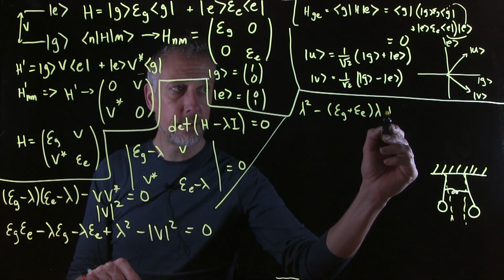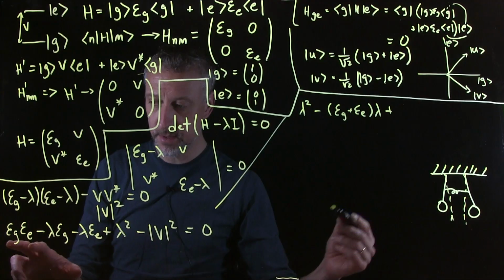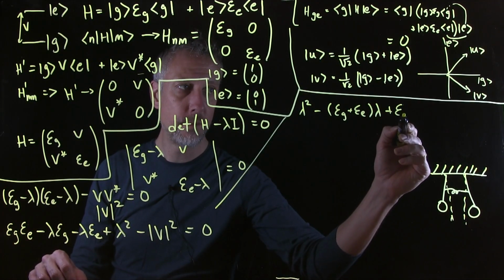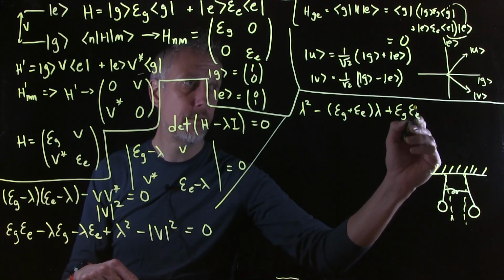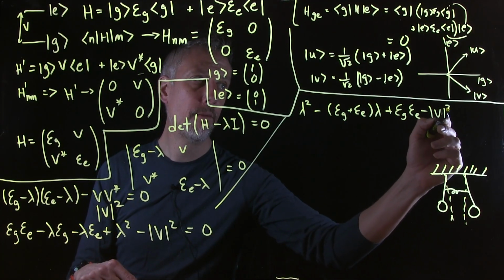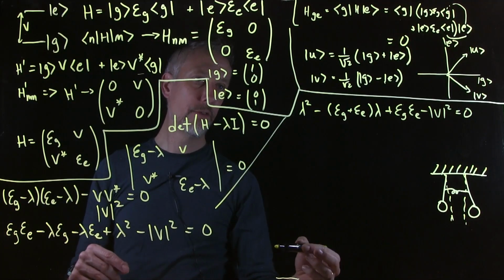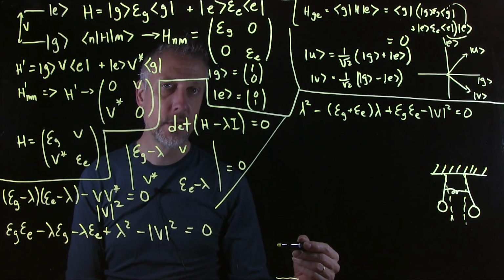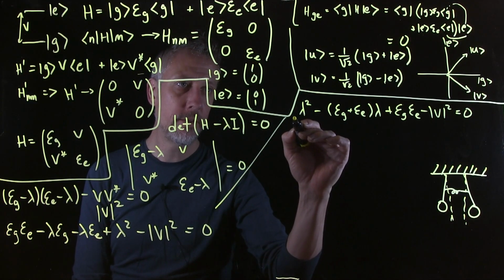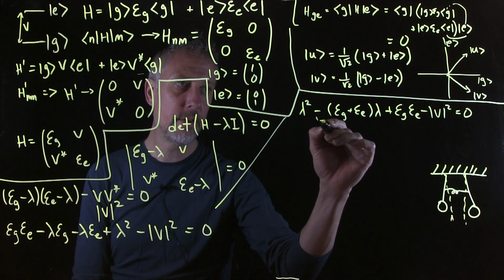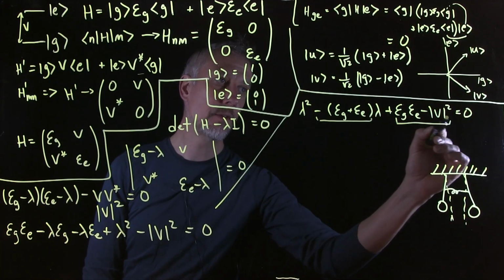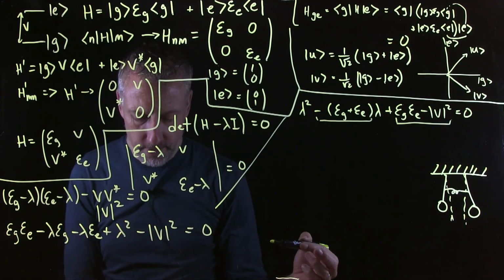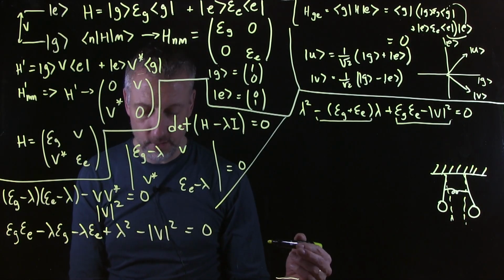And then plus epsilon e epsilon g, or epsilon g epsilon e, whatever. All right, and then minus v squared. And that's equal to 0. So if you look at this like a quadratic formula, this a is 1, b is negative the sum of those two things, and c is all the stuff that's left over here.